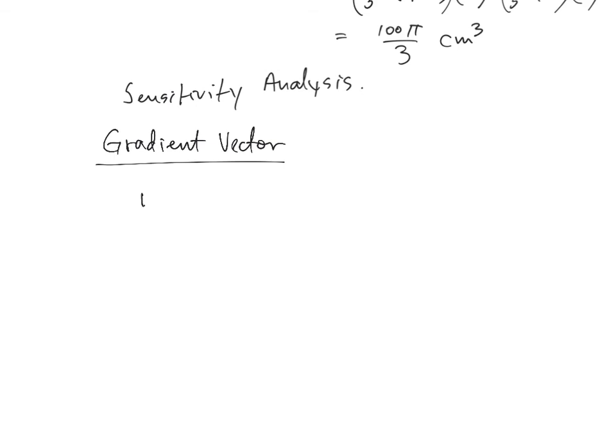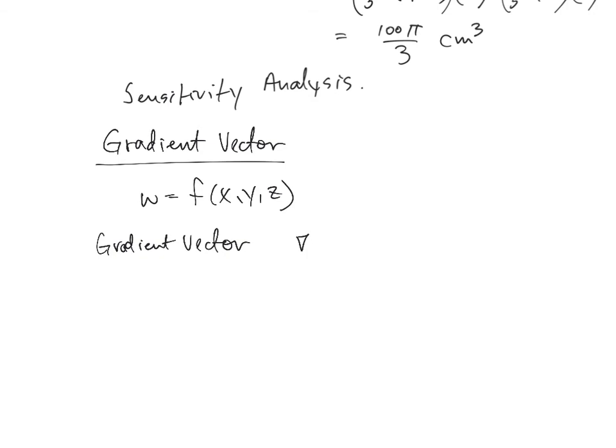If I've got w equal to a function of x, y, and z, I can define what's called the gradient vector. And we use an upside-down triangle to symbolize it. We call it the del or the grad operator.